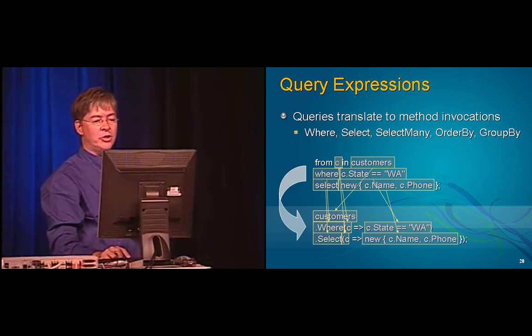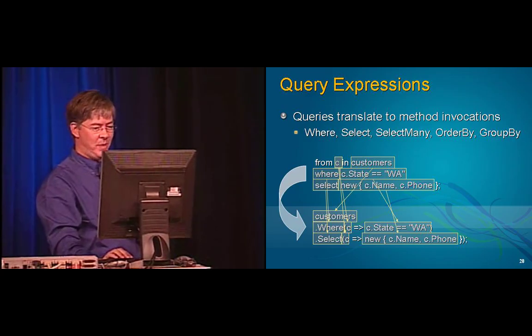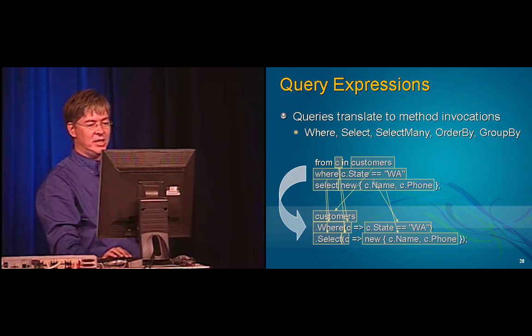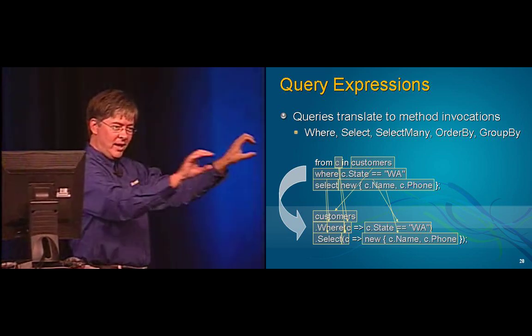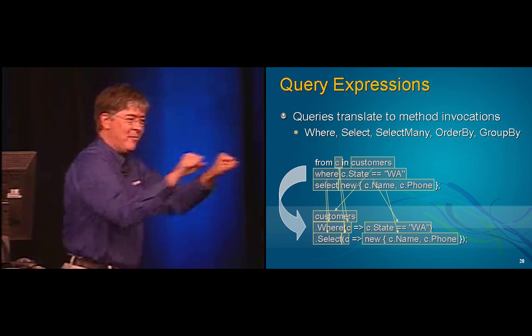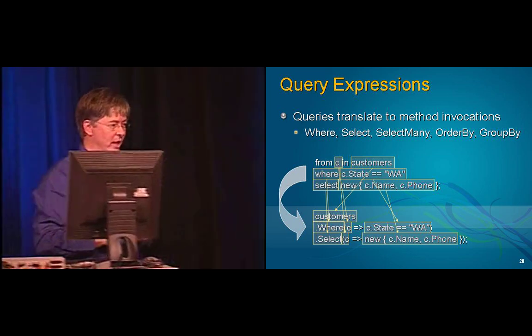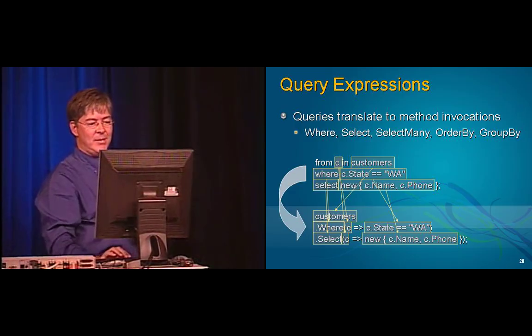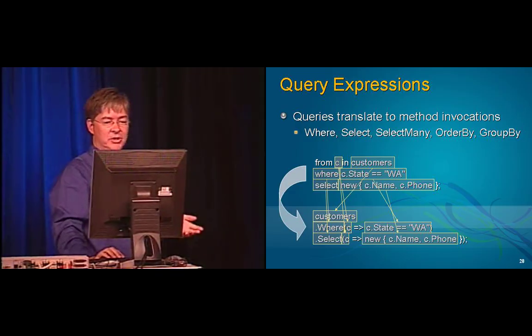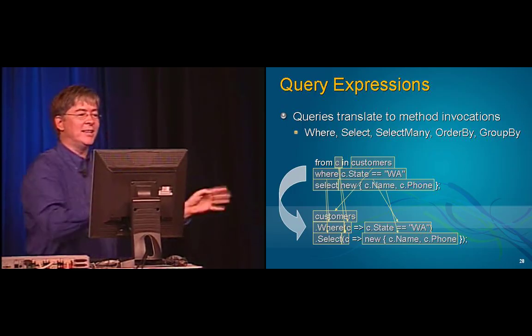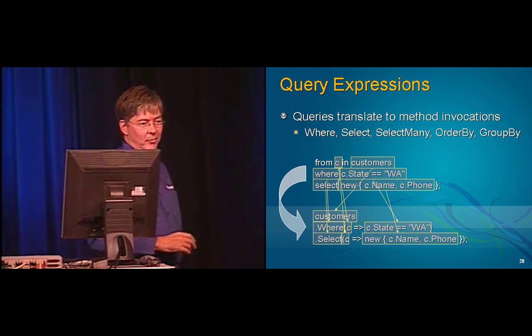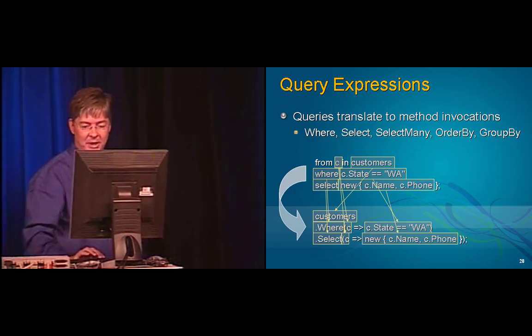We construct the lambda expression that we pass to where by taking the range variable name and the predicate expression that you wrote, and we put an arrow in between them and make that the argument of the where. The same happens with select. Because there was a select, we create a lambda out of that, and then we just let the compiler compile that and figure out what happens from there.